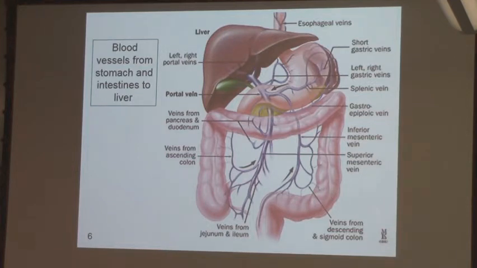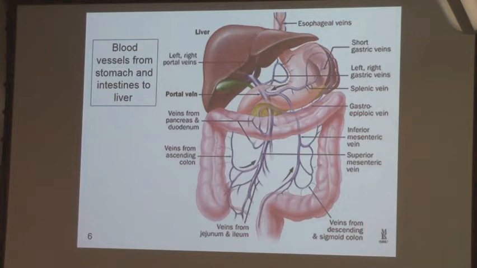We haven't talked about how your intestines get those nutrients yet, but because we're still talking about liver, that's why we're going to talk about this. So the liver gets two kinds of blood. It gets arterial blood from the hepatic artery, and it gets venous blood from the portal vein. That's what we're focusing on right now.